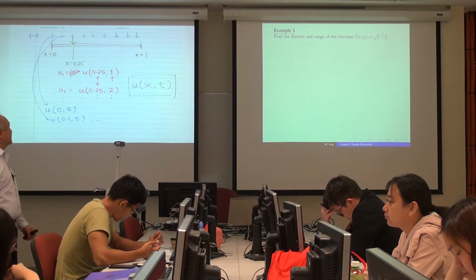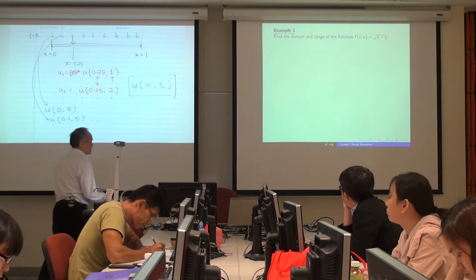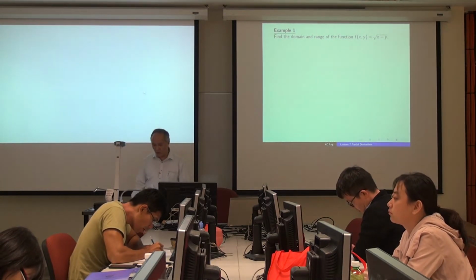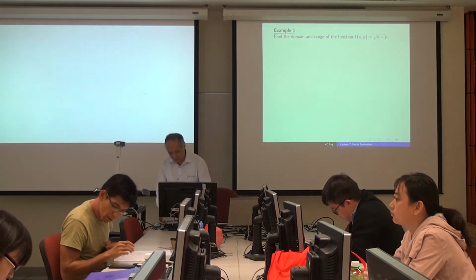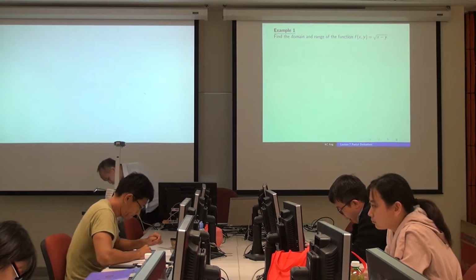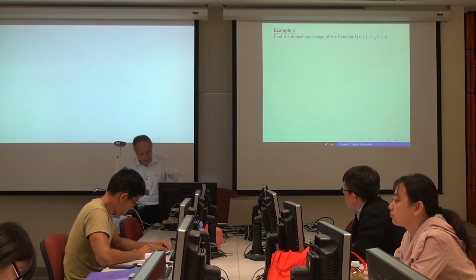All right, and let's look at an example to see how we can extend the idea of domain and range that you know from a function of one variable to a function of two variables.